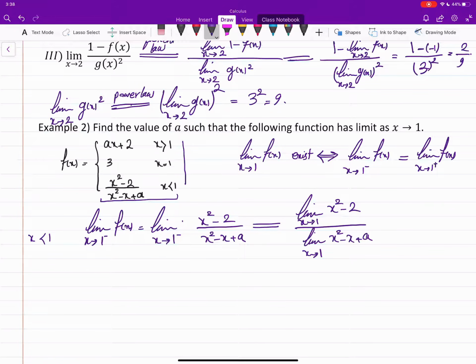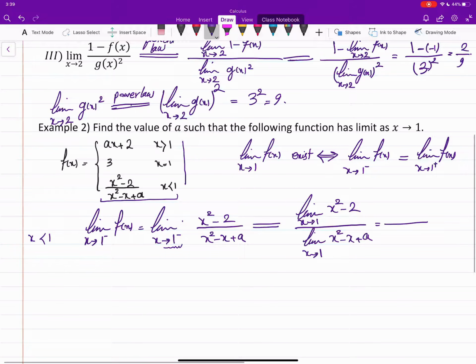I also did something else: I can turn x approaching 1 from the left into just x approaching 1, because I know that these are polynomials and their limit exists. So the limit and the left limit are going to be equal.